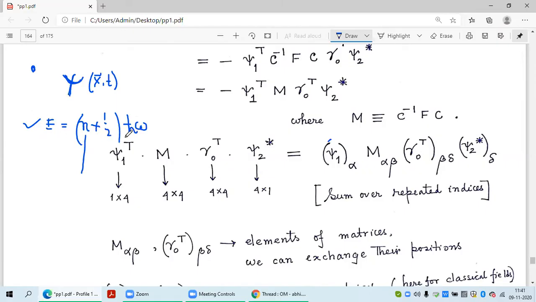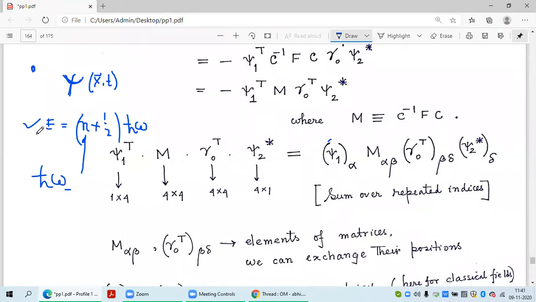This energy you can look at, because what is n? n can be anything. n can be 0, 1, 2, 3, etc. So you keep this half h cross omega zero point energy on one side, but n can be anything. That means the energy of this single simple harmonic oscillator when quantized is equivalent to a collection of n particles, each of whose energy is h cross omega.